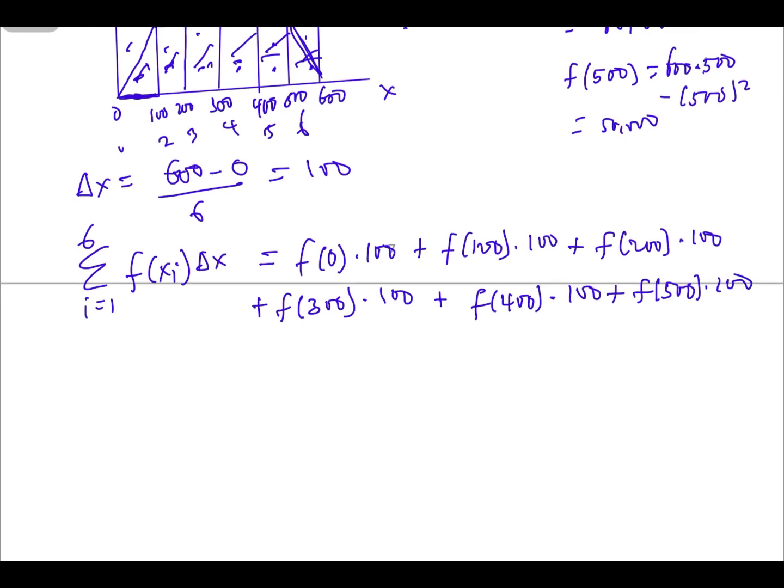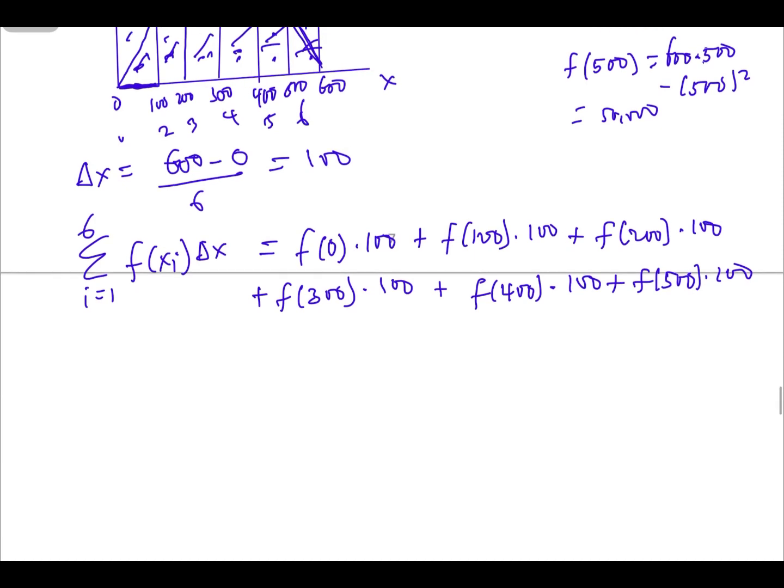So this is the approximation, and when you simplify, f of 0 we got 0, times 100. Okay, let me use a dot so that you don't confuse it with my x.